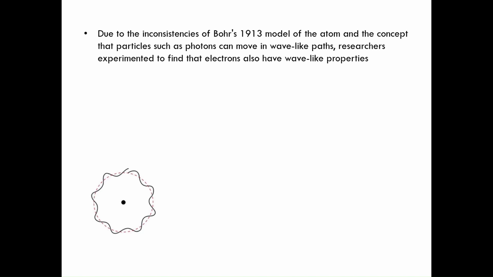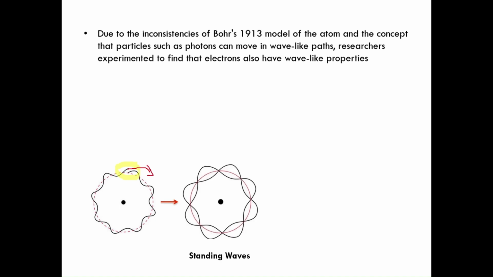As you can see in this picture to the bottom left, if the wave path of an electron is not in phase with itself, meaning it's not connected, then the electron will lose its orbit and be expelled from the atom. This next picture illustrates why the location of a particular electron wave path at a specific energy level cannot be exactly defined. An electron can follow many similar paths around the nucleus at a specific energy level.